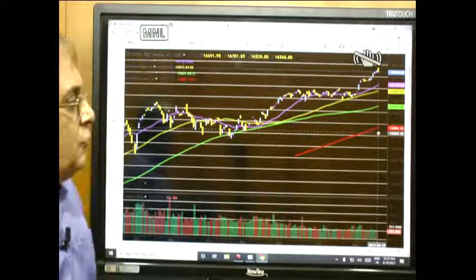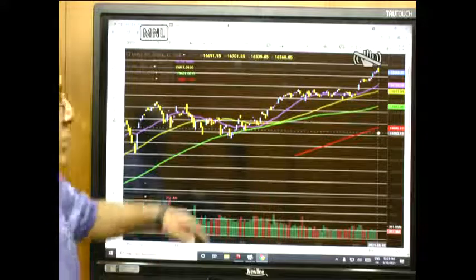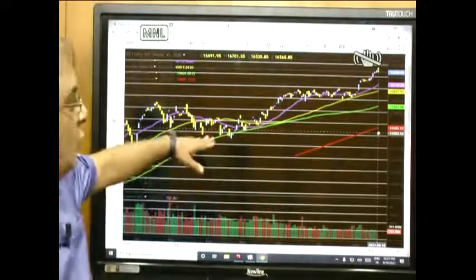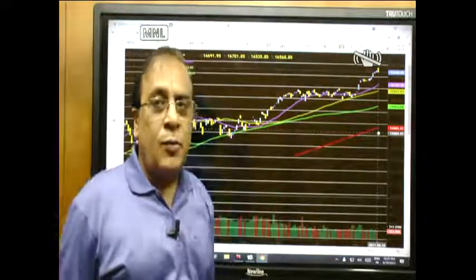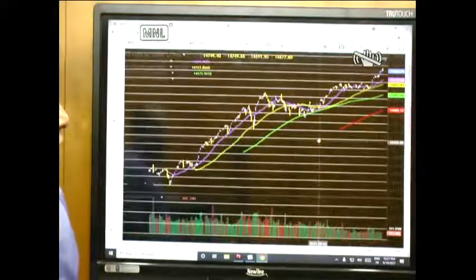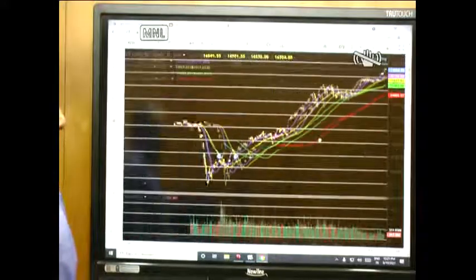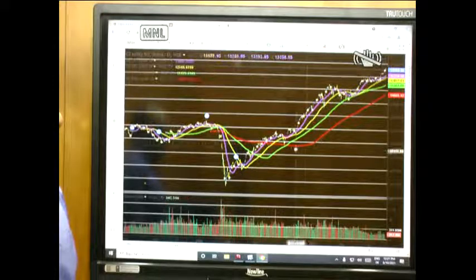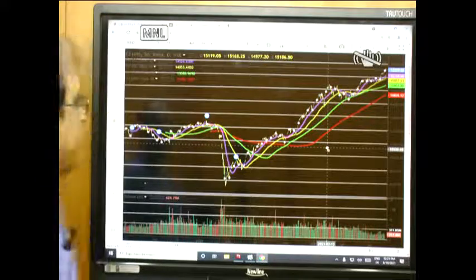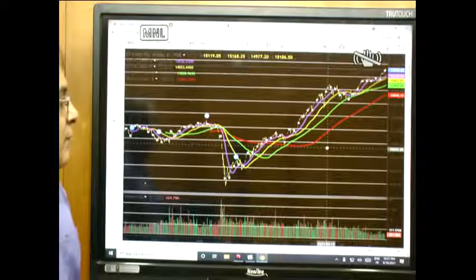Okay. The second place is where the 100-day, because if you look at the 100-day moving average, it has always come closer to the 100-day moving average and has taken support and gone up from there. Now this is one occasion in the last 1 year or so. There is another occasion very close to this, between 100 and 200. So there are a couple of times when it comes very close to the 100-day moving average, takes support and goes up from there.